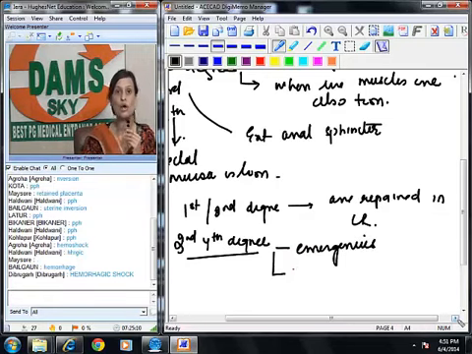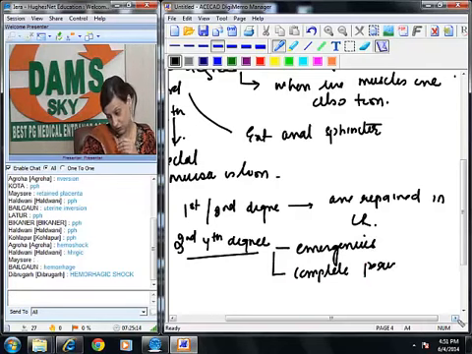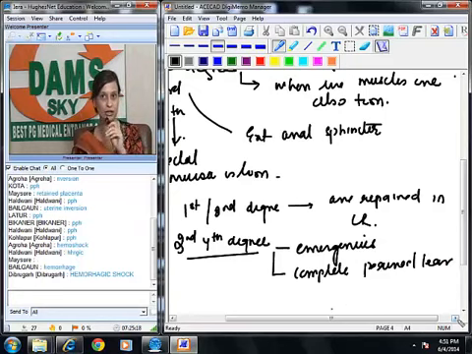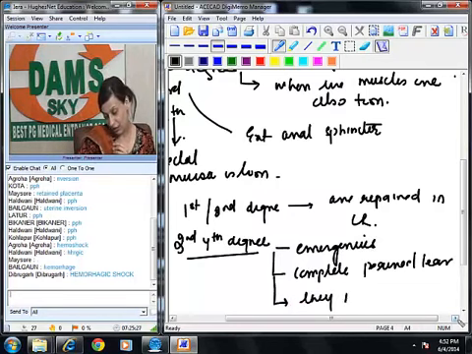They are also called complete perineal tears. So they are called emergencies and they are called complete perineal tears, right? Why emergency? Because they have to be repaired in 24 hours.